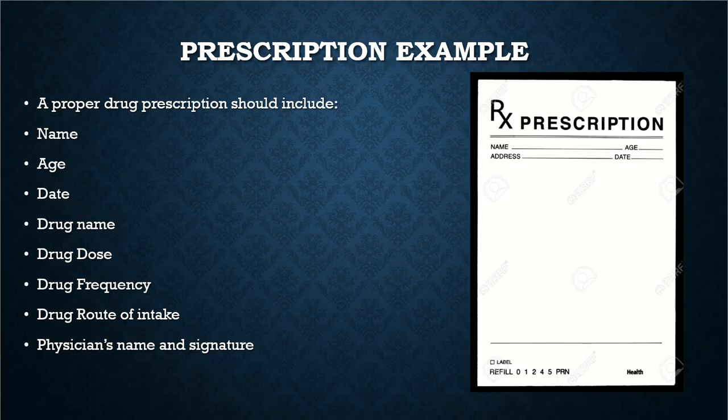We can write 1/3/5, meaning that this patient needs to take this medication 1 pill 3 times daily for 5 days. And the route of intake, which means how the patient should take it: oral, IV, IM, intramuscular, intravenous, subcutaneous, or whatever. Then in the end we write the signature, the name, and the stamp.